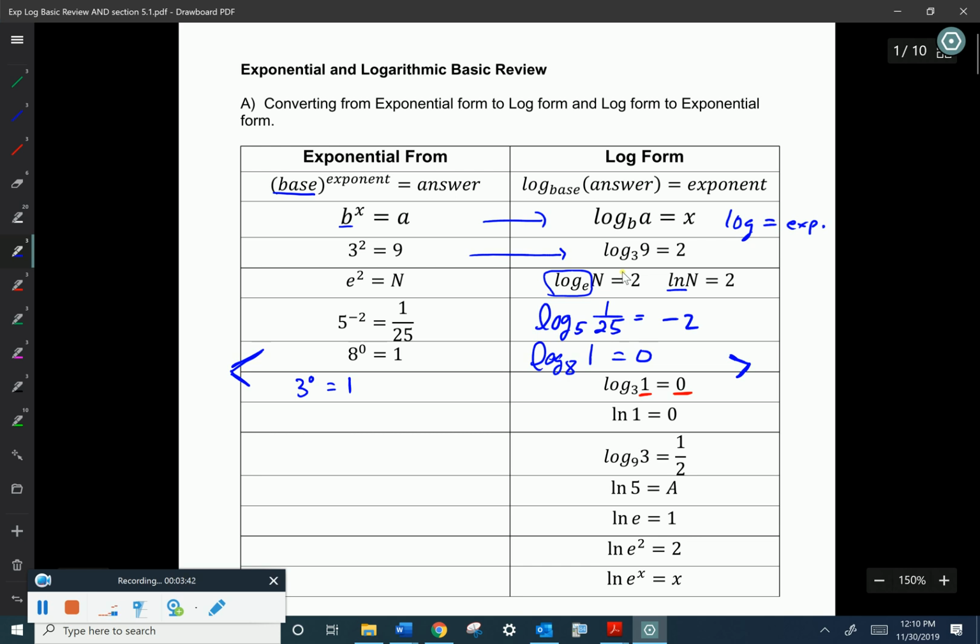If I were to convert it, the base that's right there that you don't see is e. So e, the exponent is 0, so e to the 0 equals 1. So again, make sure you guys are recognizing this concept as an important one. The log of 1, no matter what the base, always equals 0.